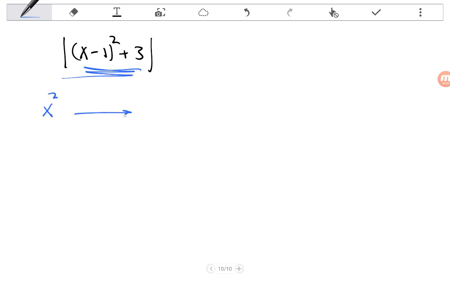It is obvious: I make a horizontal shift, then a vertical shift. So that would be x minus 1 all squared plus 3, a horizontal shift of positive 1 and a vertical shift, so it will be something like this.